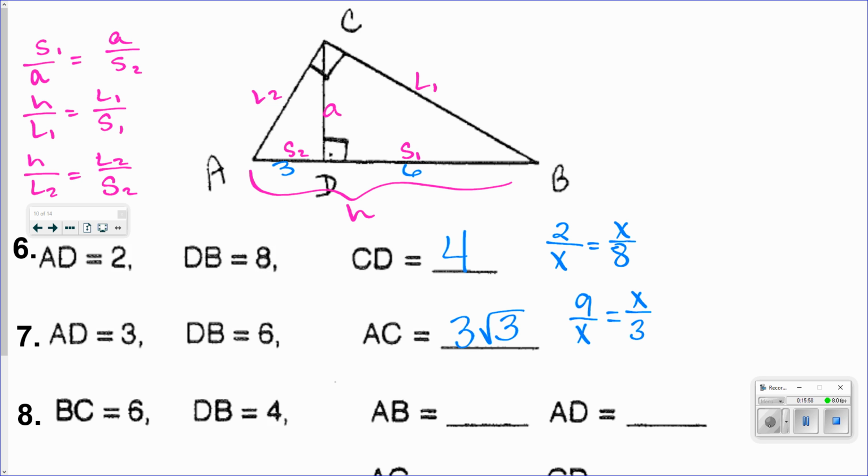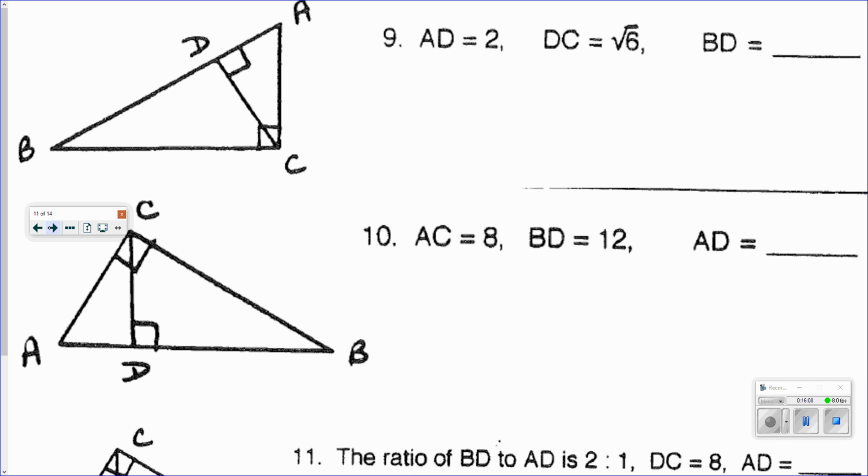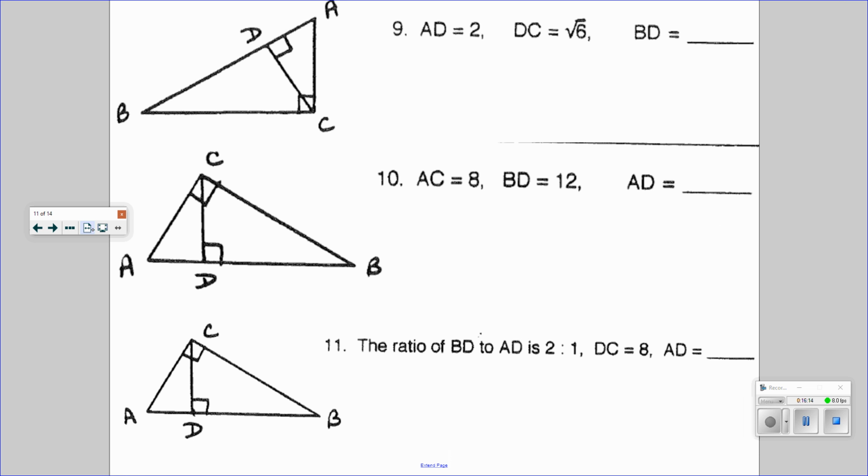Okay. We're going to skip the rest of the ones on here. We're going to go to the next set of problems. Okay. On the next set, this is the letter D. I don't know, the A's and the D's kind of confused me earlier when I first was doing it.